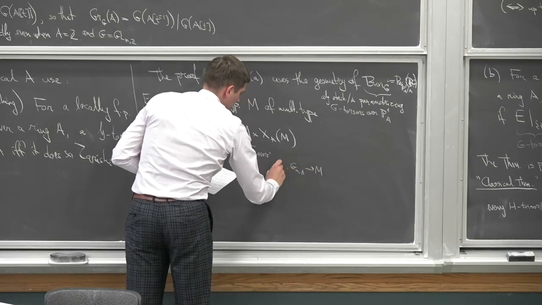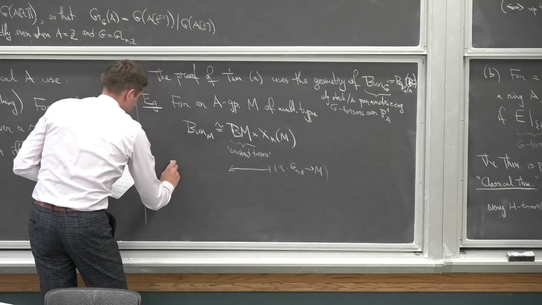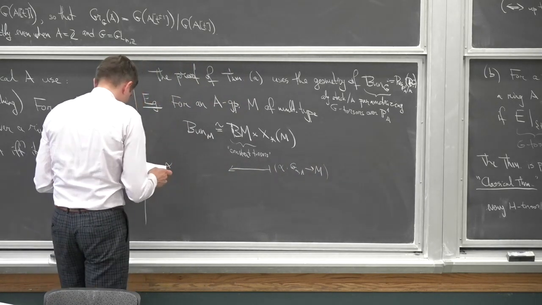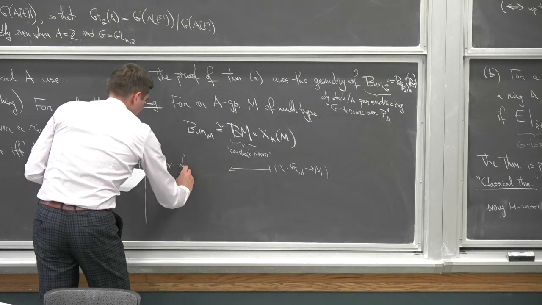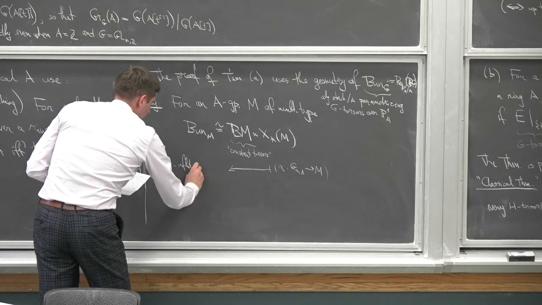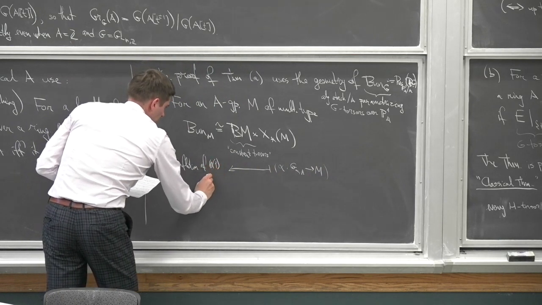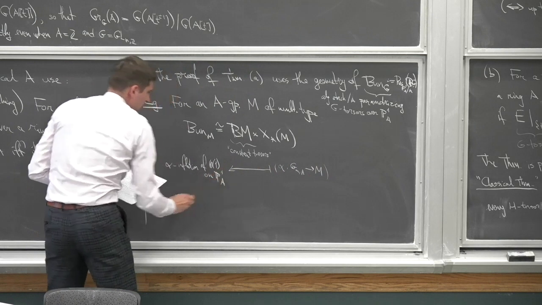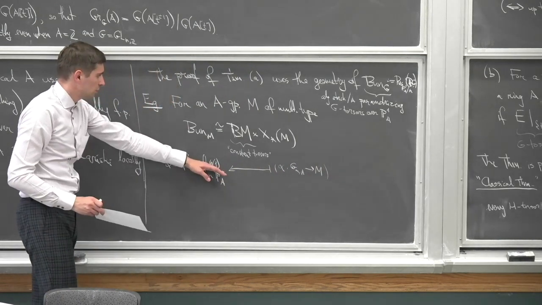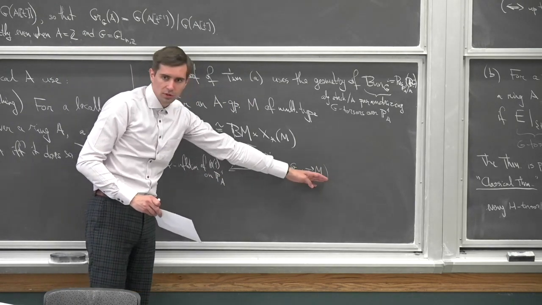So how does such a cocharacter give rise to a torsor? Well, you can inflate along alpha the G_m-torsor O(1). When you view O(1) as a G_m-torsor, then with this alpha you can upgrade it to an M-torsor.